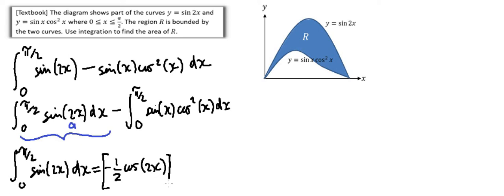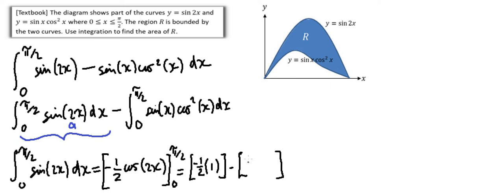Okay, if we put that into our brackets, because it's a definite integral, we put the limits on it. So that's going to give us two brackets. With pi over 2, cos of 2 times pi over 2 is just cos of pi. So that's going to give us minus a half times cos of pi, which is minus 1.